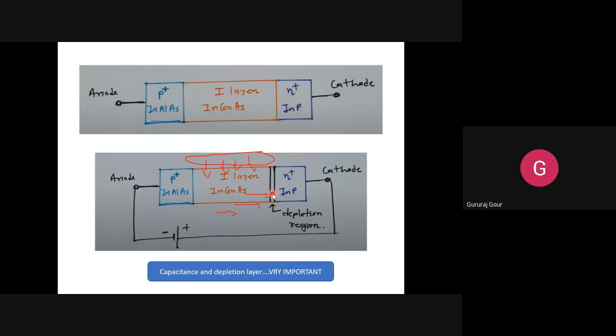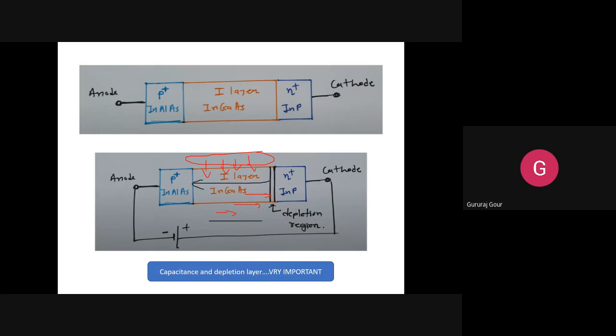Now we want more current to be contributed by the photons absorbed here. For that, we have to increase this depletion region, from this width up to this width.